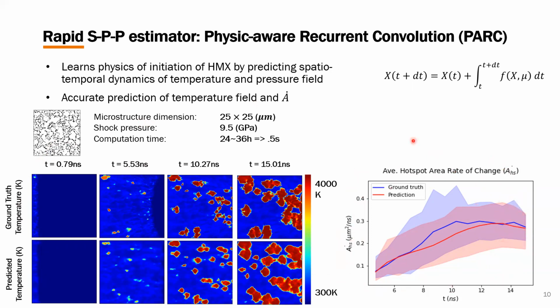Since PARC is only an approximation model, not a simulation, the prediction is not perfect. But considering its competitiveness to DNS in terms of the amount of time required, over 24 hours versus 0.5 seconds, the PARC model has a lot of potential in optimizing material design for targeted property.